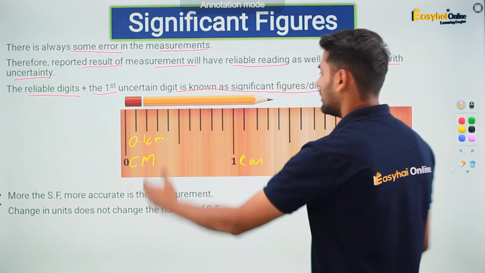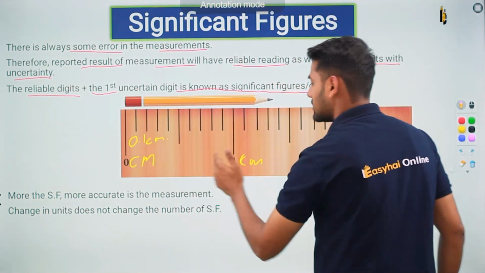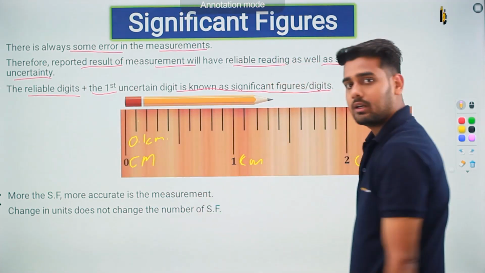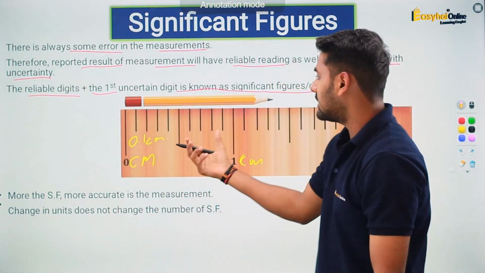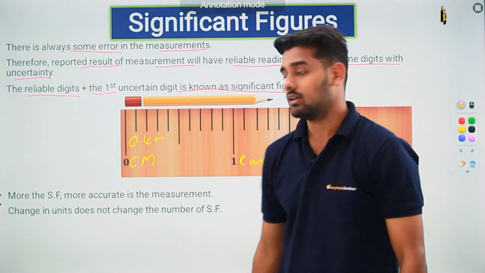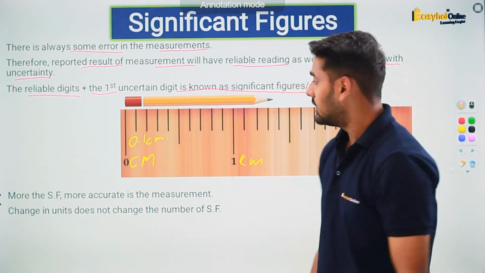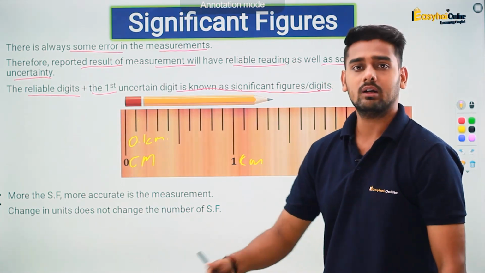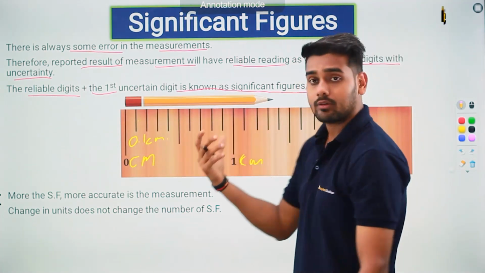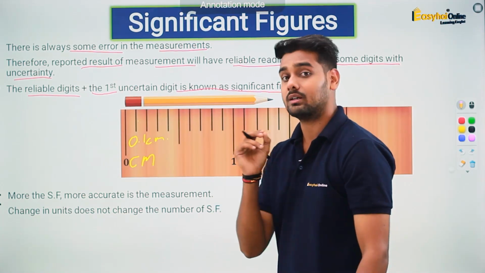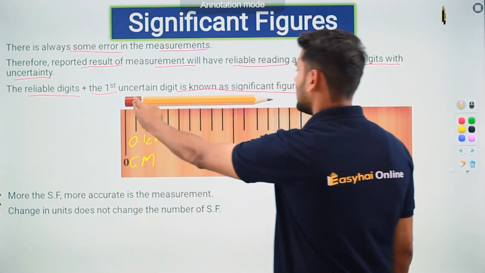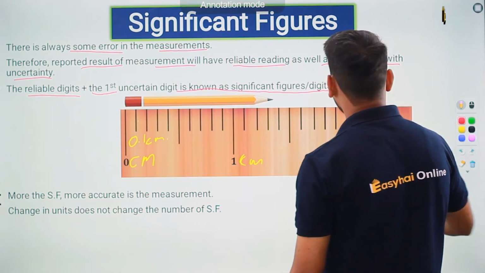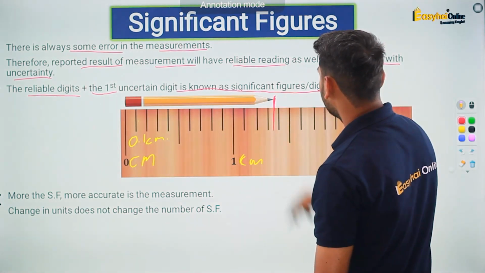From this point to this point is 1 centimeter, and the least reading that this scale can give you with better accuracy and precision is going to be 0.1 centimeter. Apart from that, whatever value you get is not going to be certain enough. So here you can clearly see the final tip of this pencil ends at this point, somewhere here.